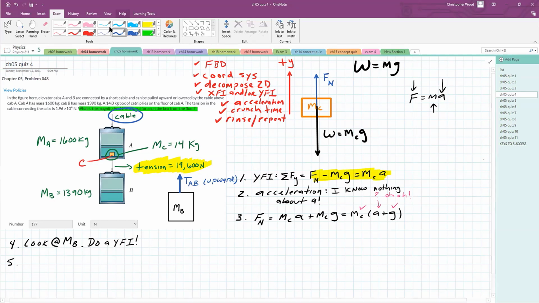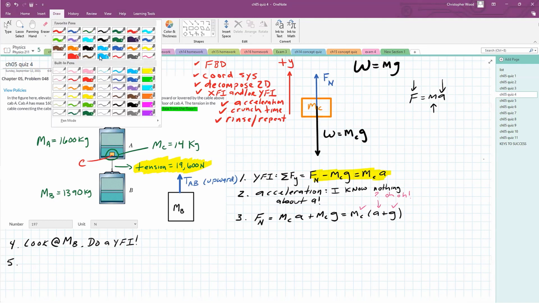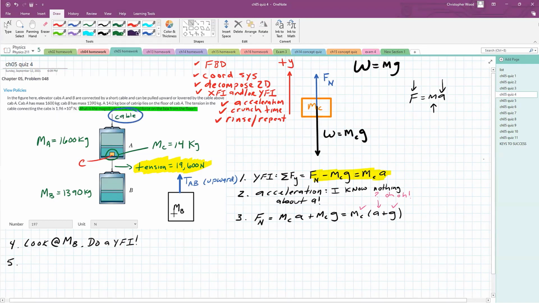The other force acting on this is the weight force, which acts on the center of mass. So that's why I'm drawing it acting on the center of mass. This is mass of elevator B times g, because W equals mg, courtesy of the lecture video and green sheet.